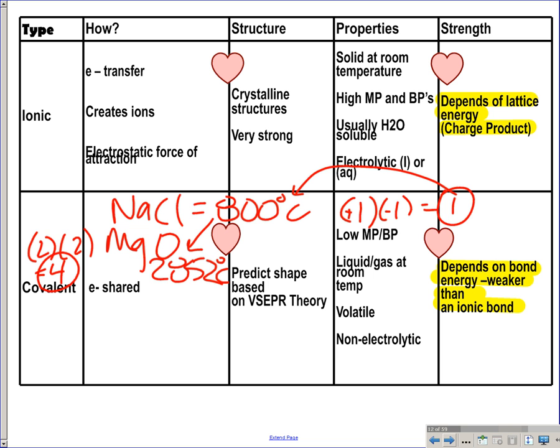So if I said, who do you think has a higher boiling point? All you got to do is find their charges, find the product, and whoever has the higher product wins. So like aluminum oxide: charge 3 plus, oxide 2, charge product 6, versus calcium chloride.